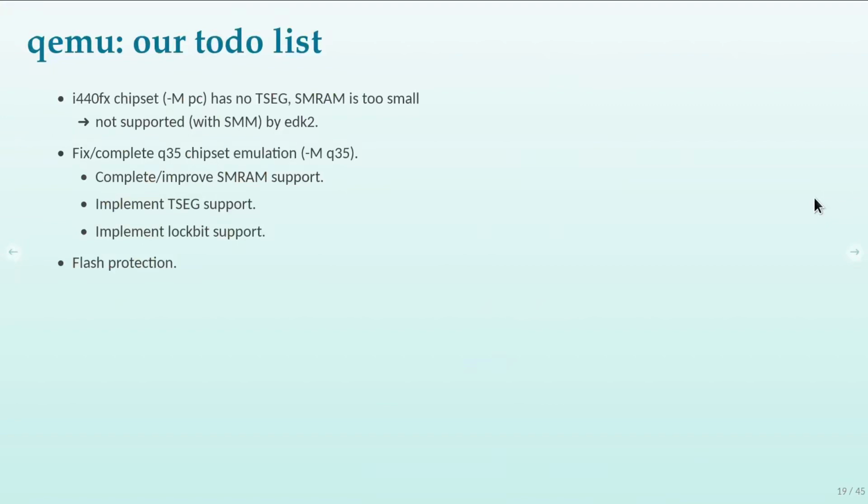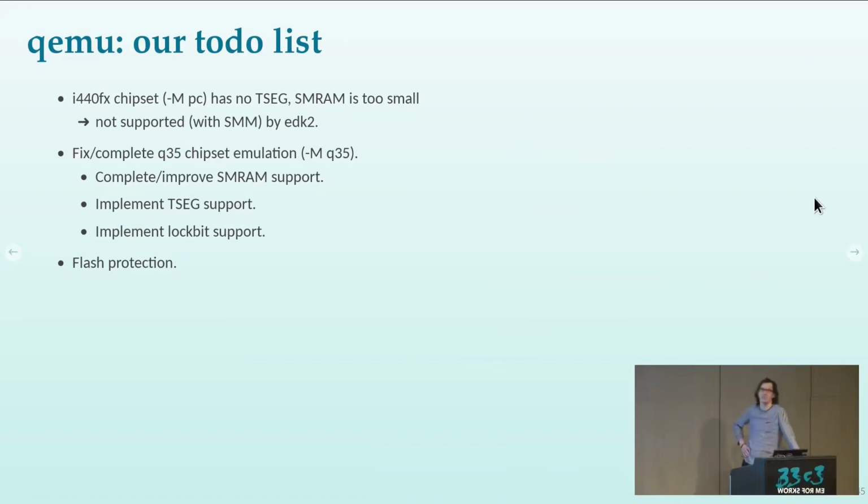One is the older one from the mid-90s, and this is so old that it doesn't have this TSEG memory. So we can't use this for secure boot, because the EDK2 implementation needs more memory. It just doesn't fit into SMRAM. So this one is out.